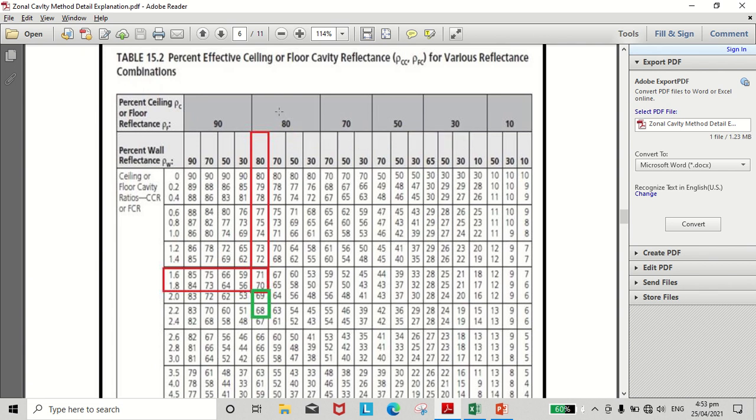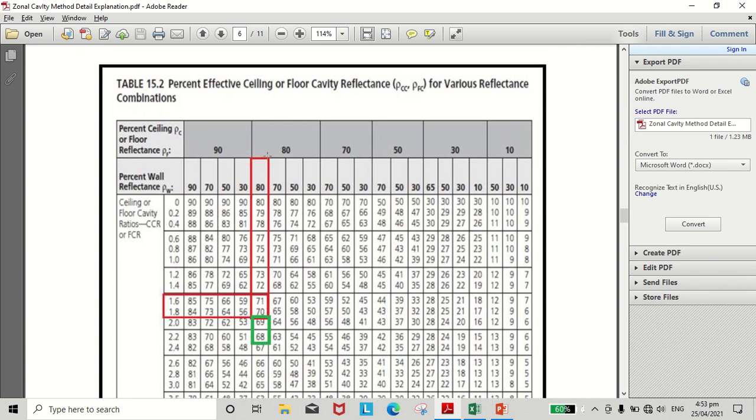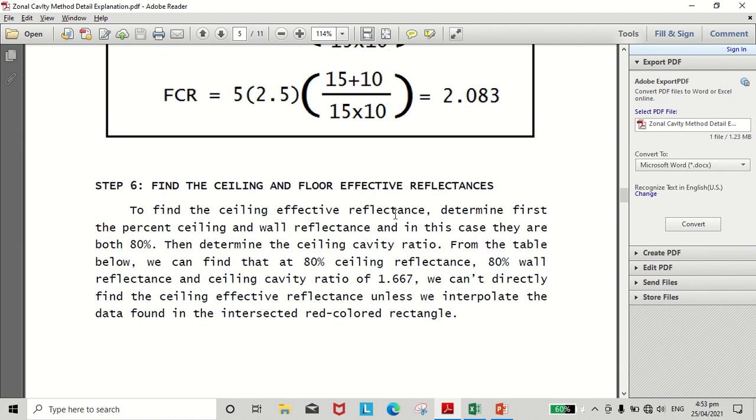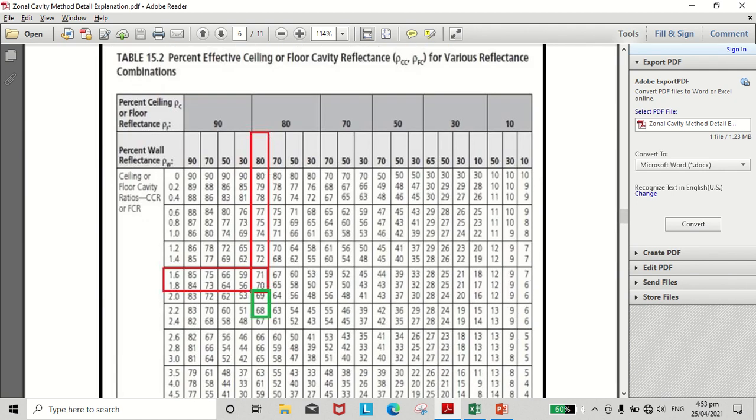So the reflectances we chose earlier are 80 for the ceiling and 80 for the wall, so 80 then 80, and the ceiling cavity ratio we calculated is 1.6. Looking at this table, 1.6 is in between 1.6 and 1.8.